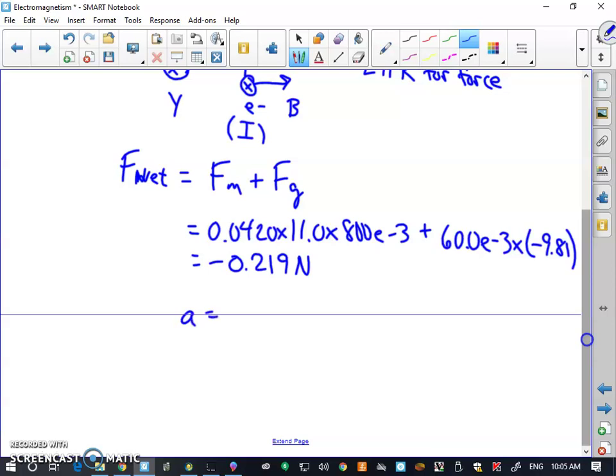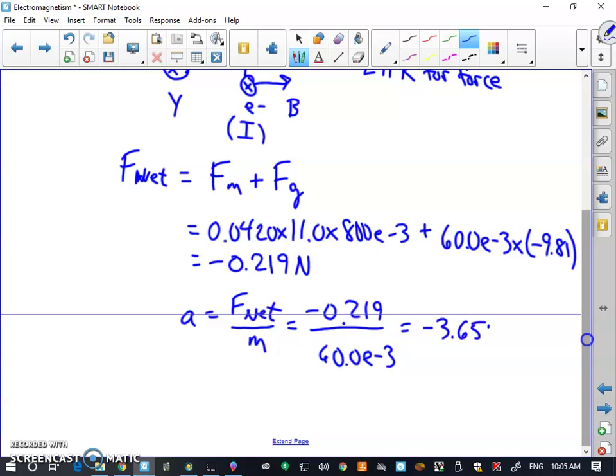So the acceleration is going to be F net over m. And so negative 0.219 newtons divided by 60 e negative 3. I get negative 3.65 meters per second squared.